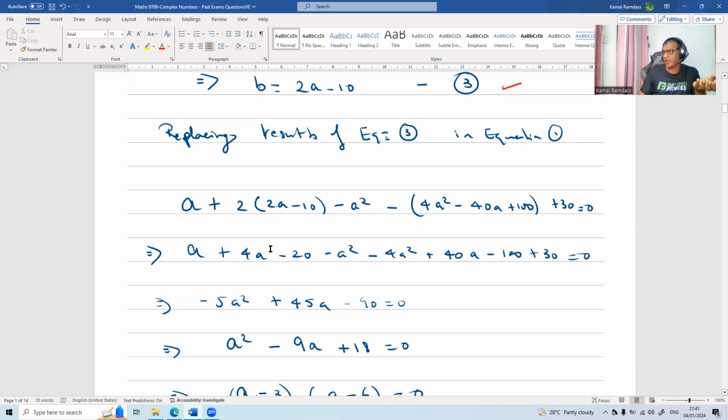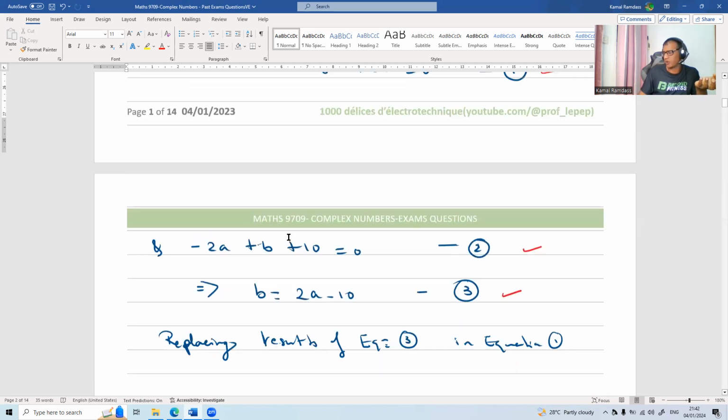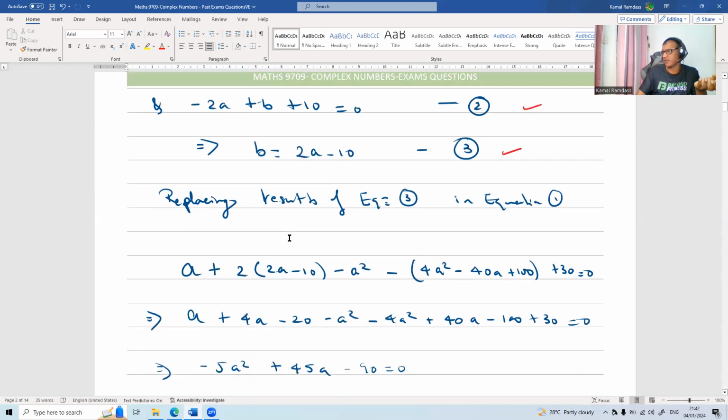Et finally, on gagne a plus 2 times 2a minus 10 minus a square, minus b square. Ça veut dire b square, c'est 2a minus 10 to the square, ça veut dire 4a square minus 40a plus 100, plus 30.